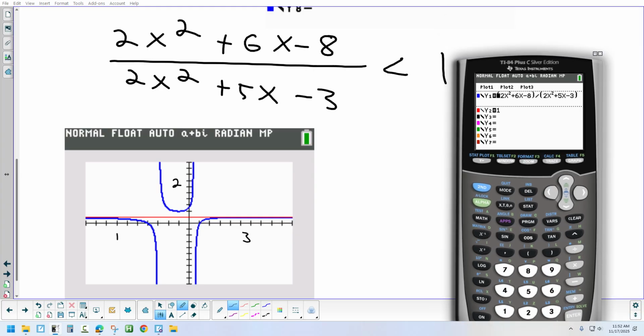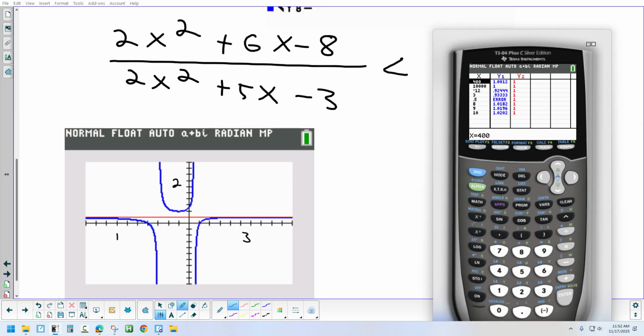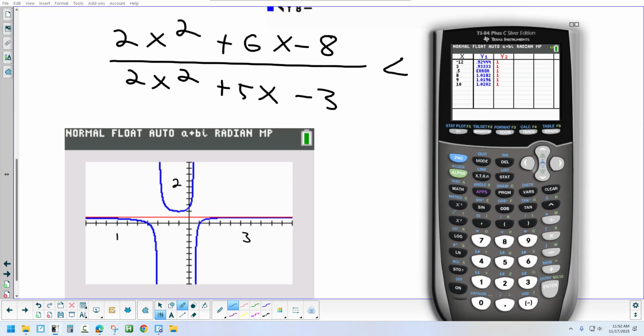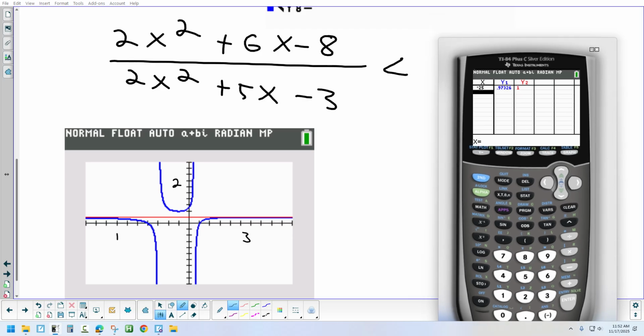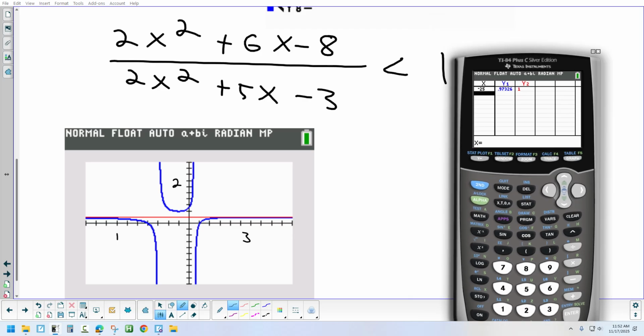All right, let's check out part 1. Let's look further to the left on the table and see if the blue graph stays under the red graph. So I'm going to look at values that go to the left. At negative 25, is the blue graph still under the red graph?